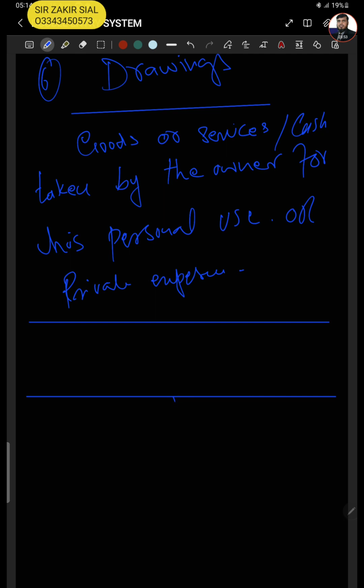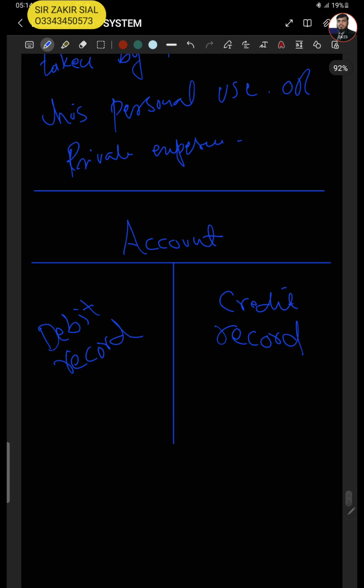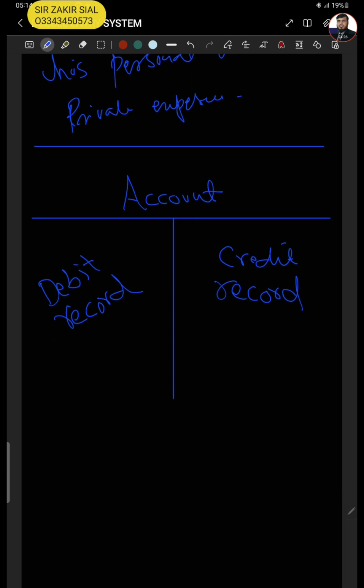The left side is called debit record and the right side is called credit record.